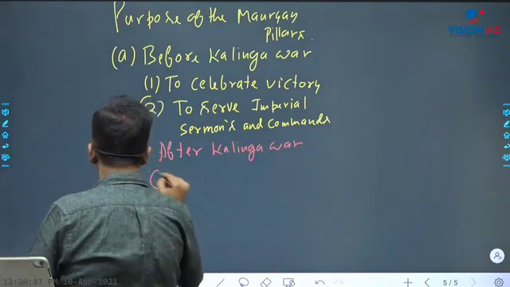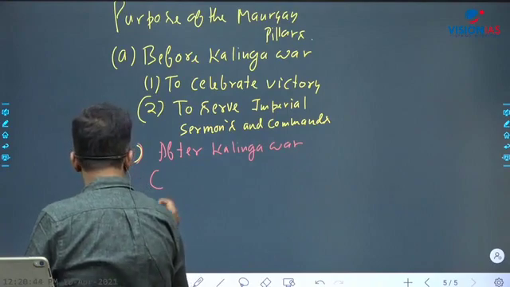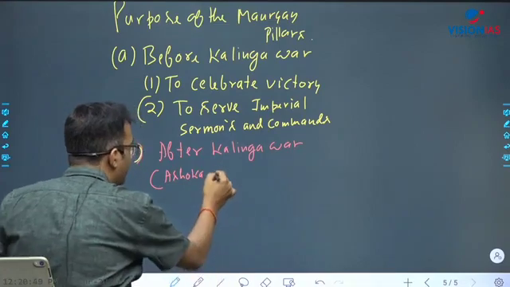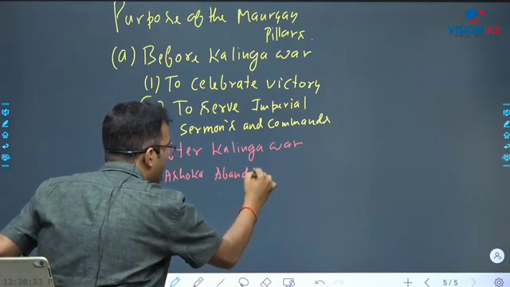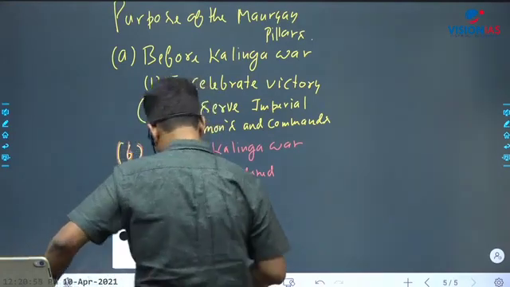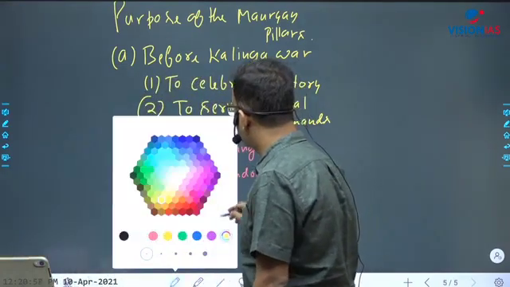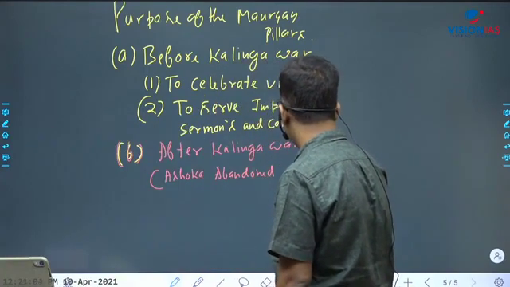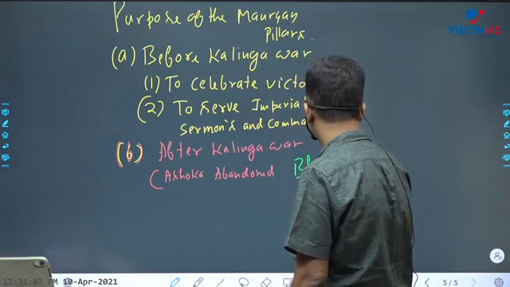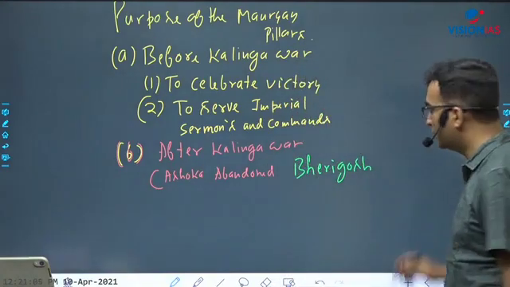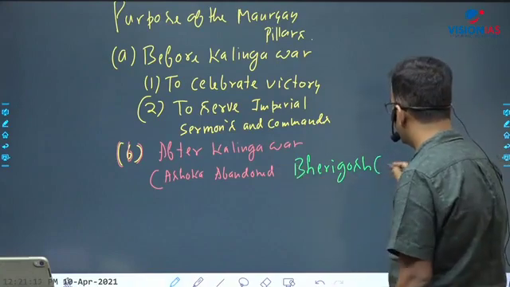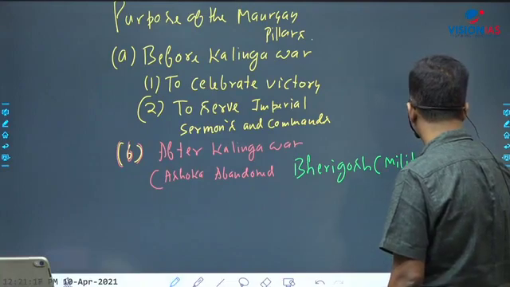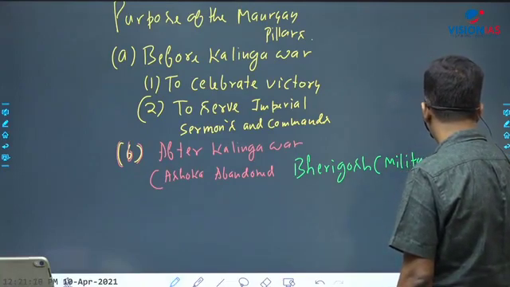Please write one thing in the brackets, that Asoka abandoned the policy of Bheri Ghosh, and in brackets, again a bracket within the bracket, military annexation.